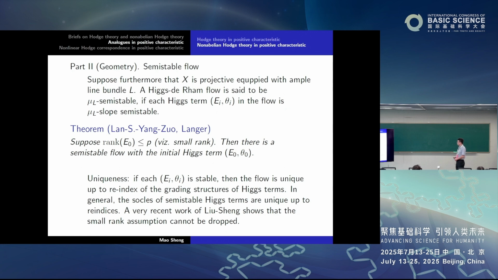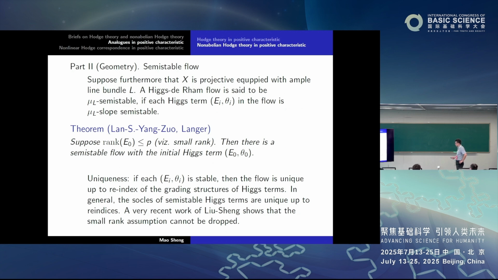And then the second part is the more geometric. I call it a theory of semi-stable flow. So suppose now X is projective. We call this flow semi-stable if every Higgs term in the flow is slope semi-stable.